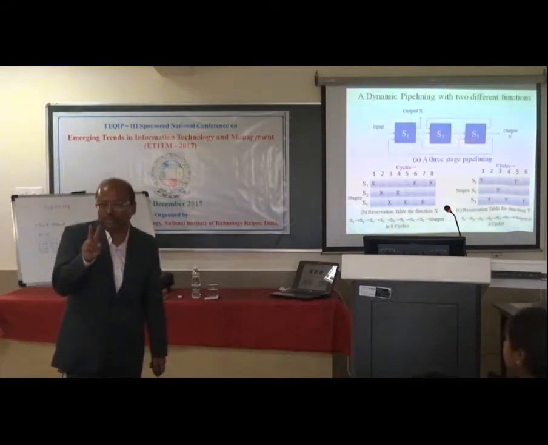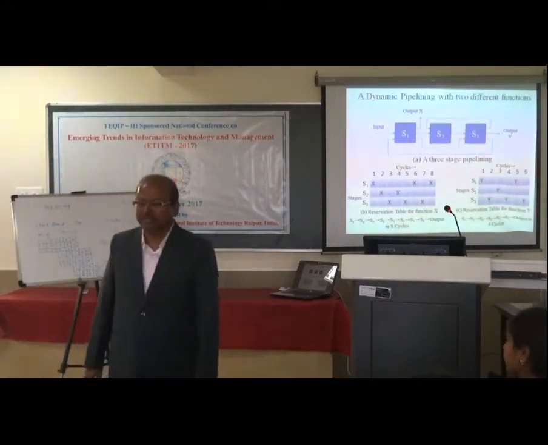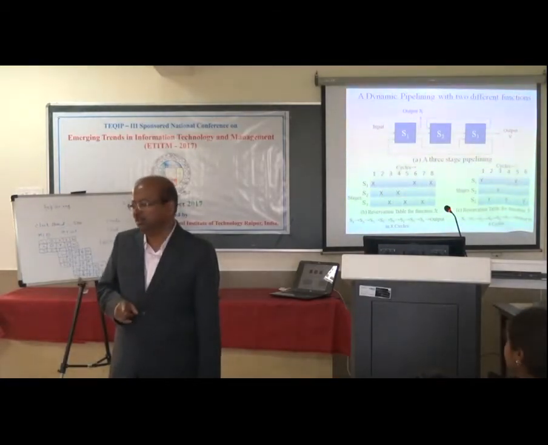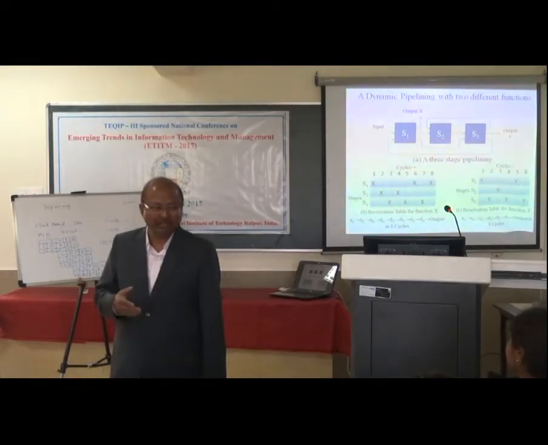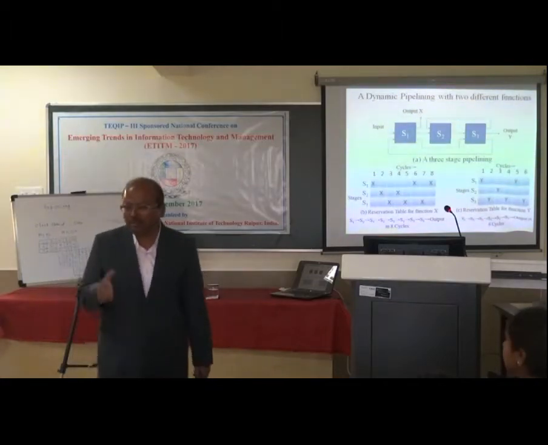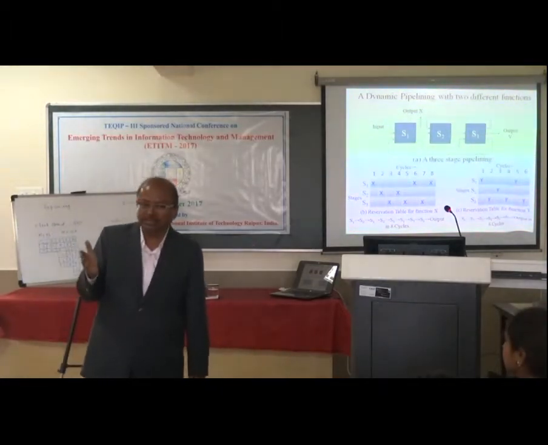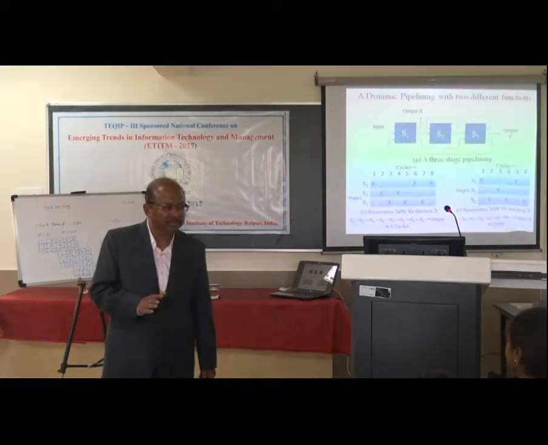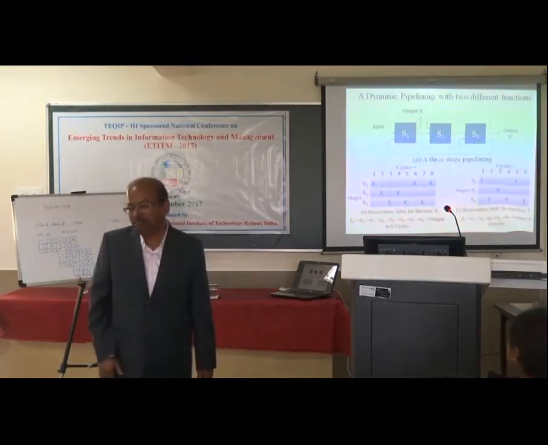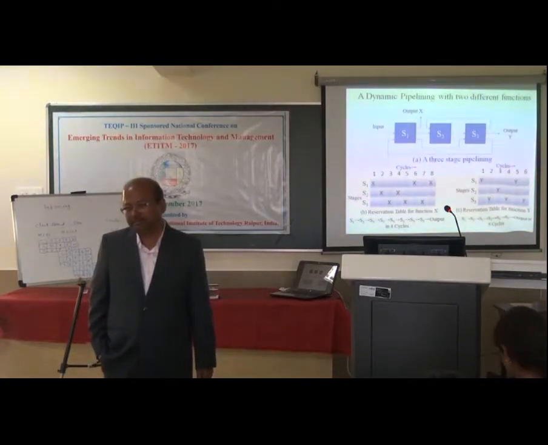Two types of outputs are being taken from this same pipeline, and this is called a dynamic pipeline or multifunctional pipeline, also called a non-linear pipeline. Why non-linear? Because S1, then S2, then S3, then S1, then S2, any order, not necessarily S1, S2, S3. This is clear?